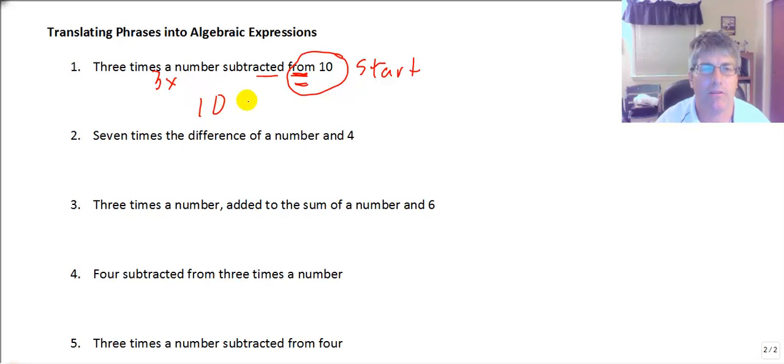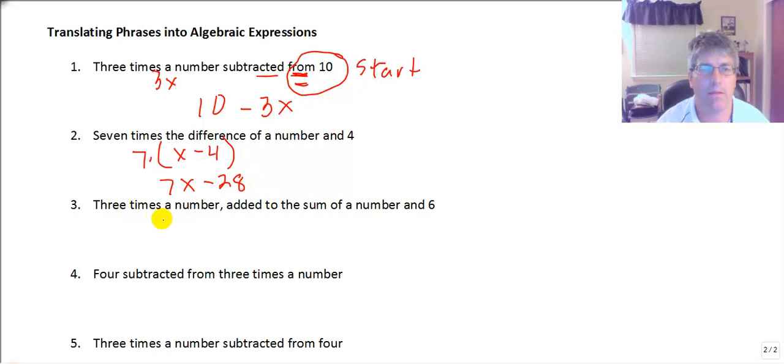So that is 10 minus 3x. Number 2, 7 times the difference of a number and 4. 7 times the quantity, the difference of a number and 4 is x minus 4. We distribute the 7, and we get 7x minus 28.